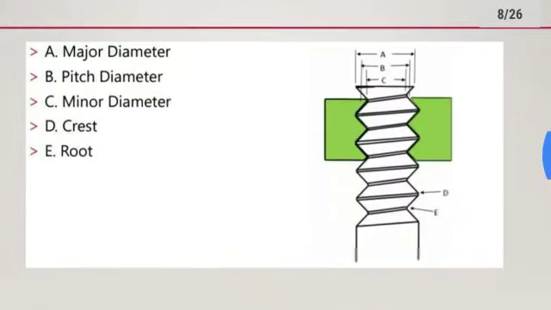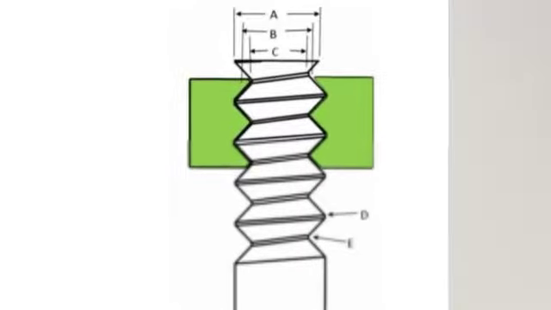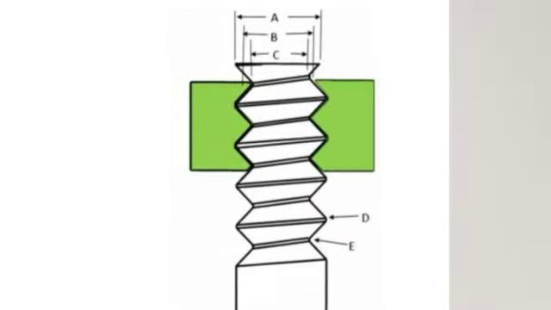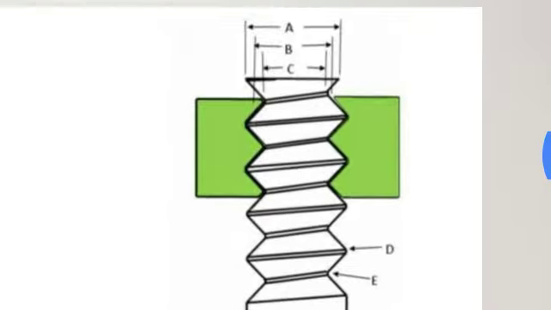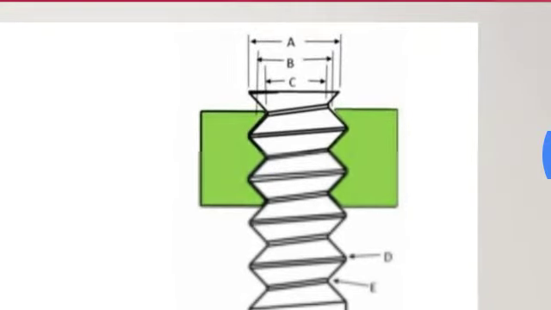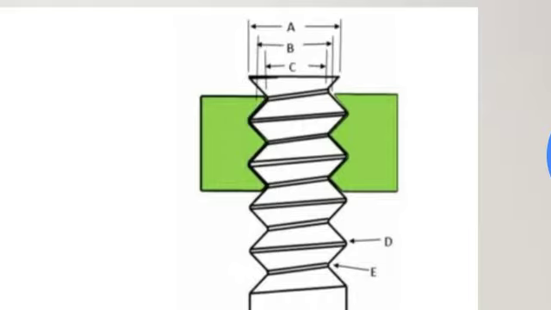Now come to this picture. All the top positions are called crests, and all the downward positions are called roots. Here you can see some labels: A, B, C, D and E. D positions are called crests and E positions are called roots.